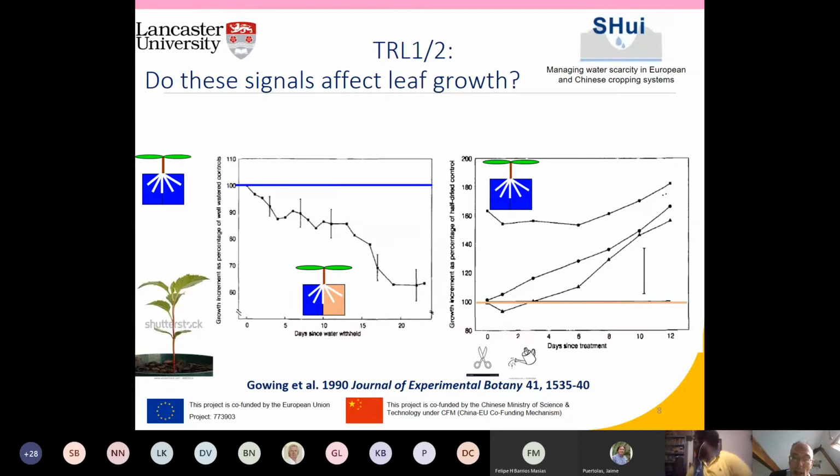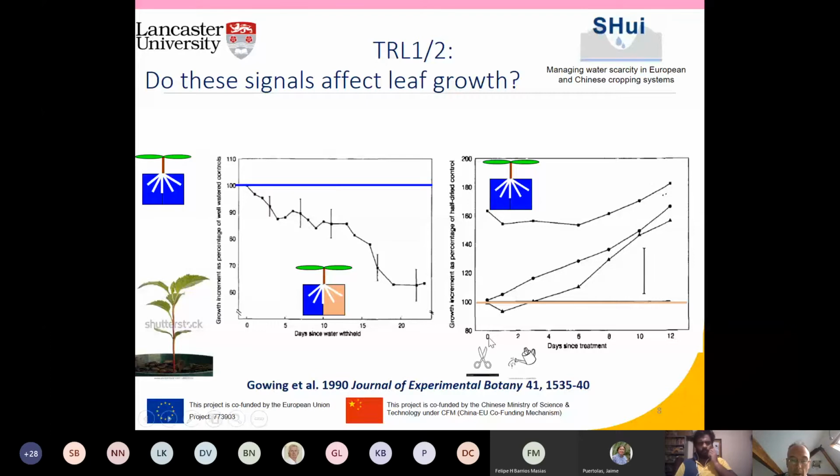And in this case, the partial root zone drying had a very significant impact in actually reducing the initiation of leaves as well. So at least in apple trees, the response to partial root zone drying seemed to not only be a slowing of the leaf expansion, but also a restriction of leaf initiation.